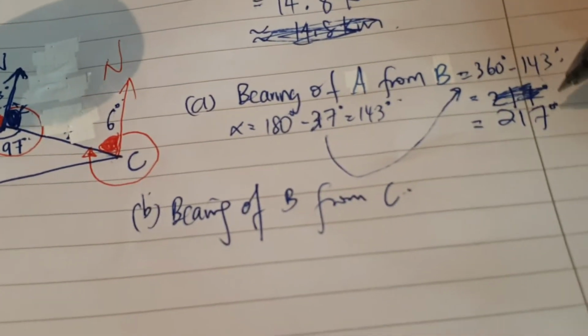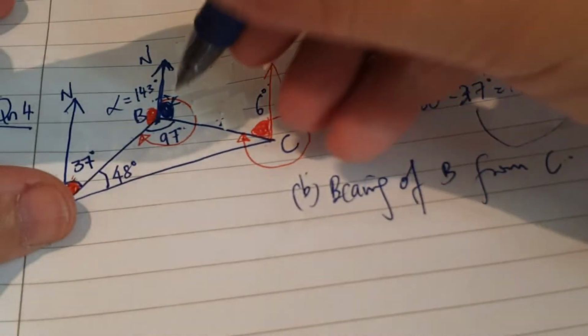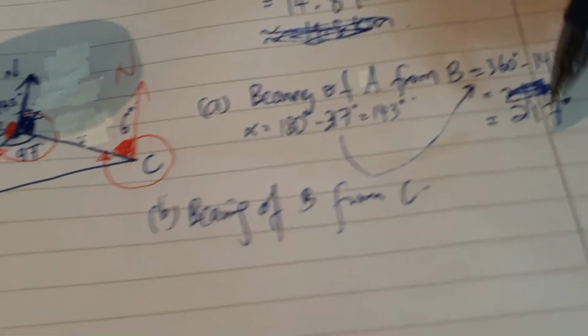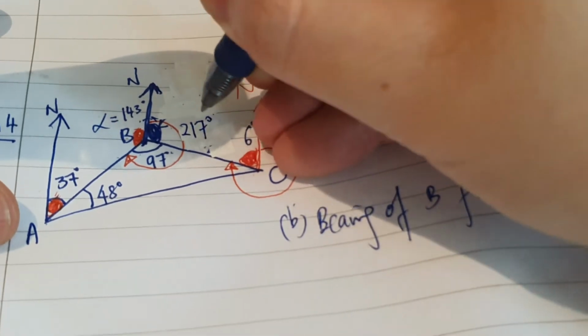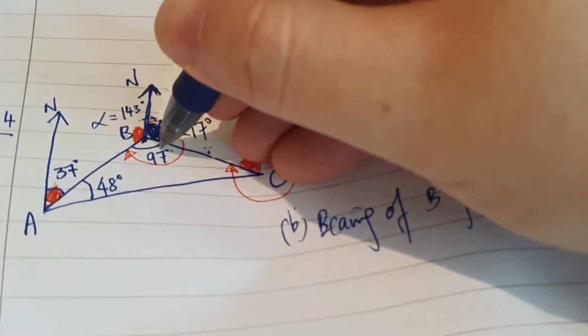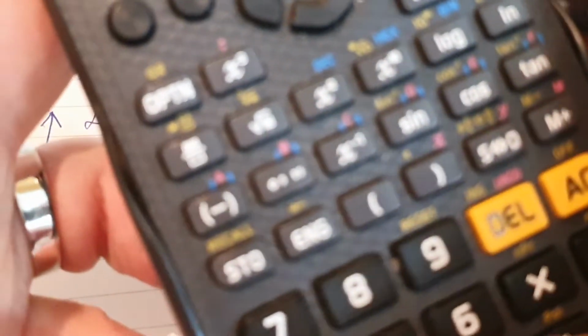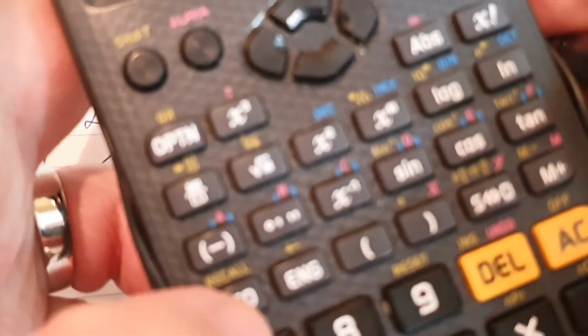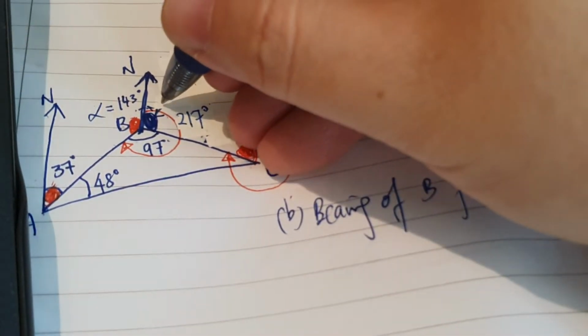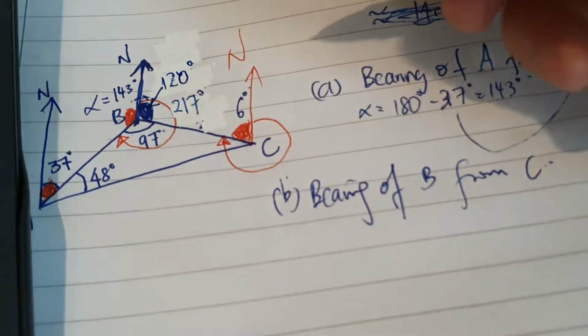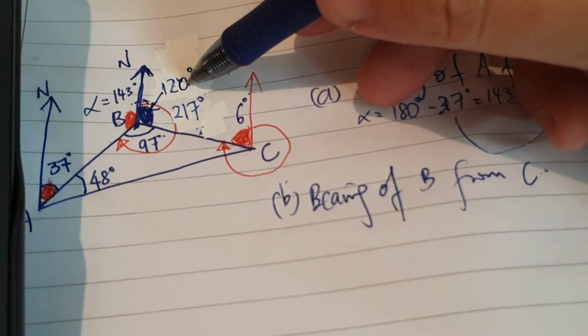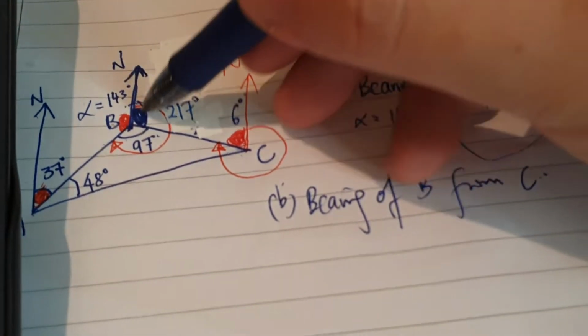Here there's no mistake. I calculated correctly just now, but when I wrote here, instead of writing 217, I wrote 271. So I'm going to correct the mistake now. 217 minus 97, if you use your calculator, is 120. This number is more reasonable if you look at the diagram. How else can I get this 120?